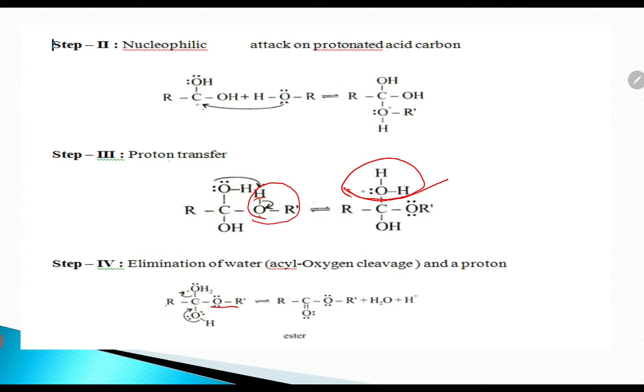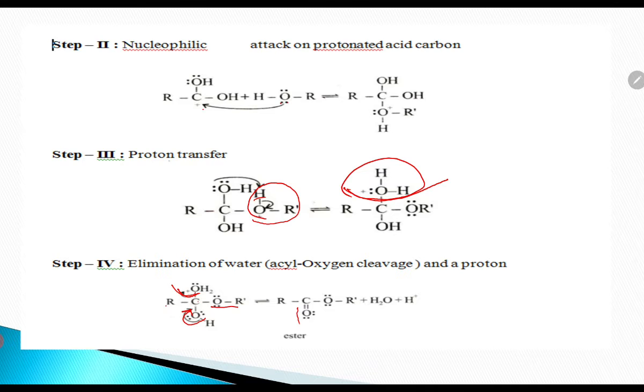With the elimination of this water molecule, the proton that we used in the first step is also eliminated in this step. H+ is lost by giving electrons to form the bond between carbon and oxygen. Therefore we get RC=O here, and H2O is lost.